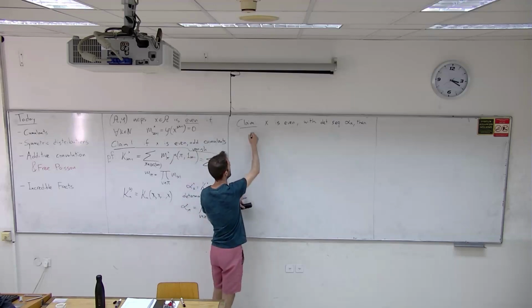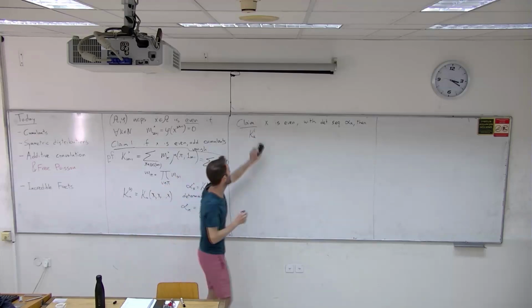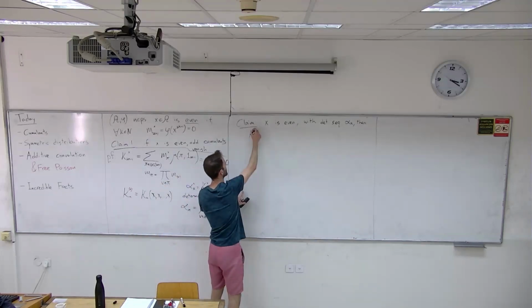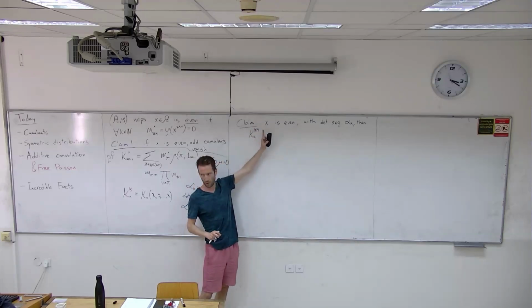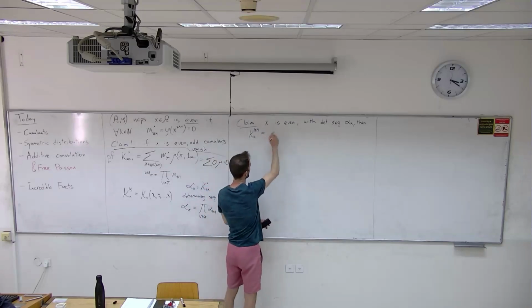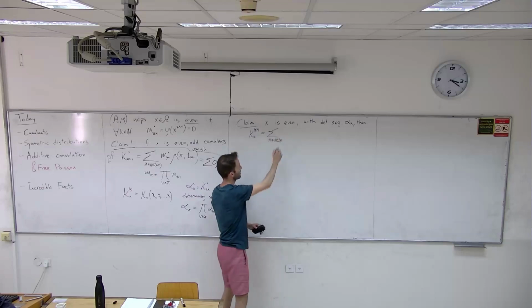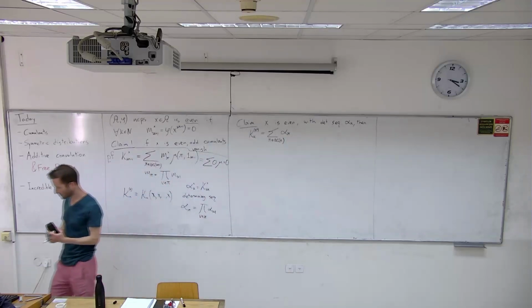Write down the k-th cumulant of x squared. Okay, now we ask about the cumulants of x squared, and the claim is that it equals the sum over non-crossing partitions of size k of alpha_pi. Make sure I'm stating this correctly.